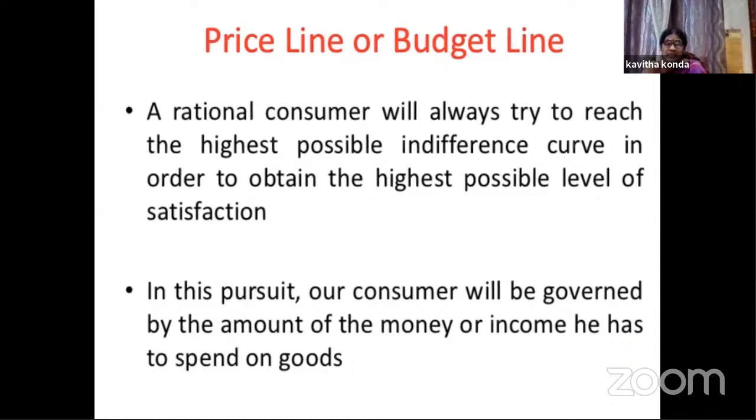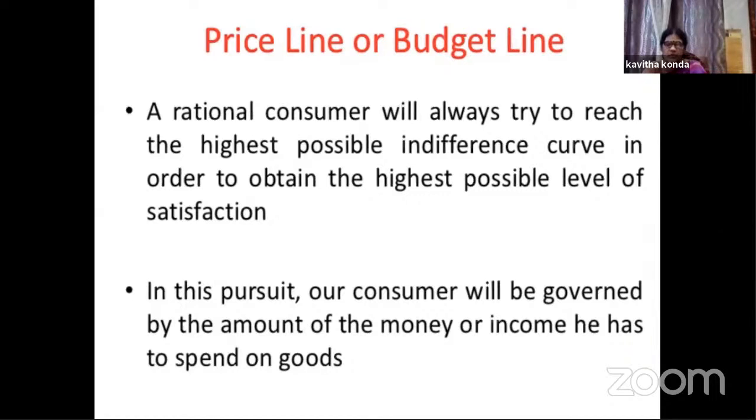He will try to reach the highest possible indifference curve, but this particular combination of goods depends on two factors: the money income of the consumer and the price of the two goods. So in this pursuit, we can say our consumer is governed by the amount of money or income he has to spend on goods.